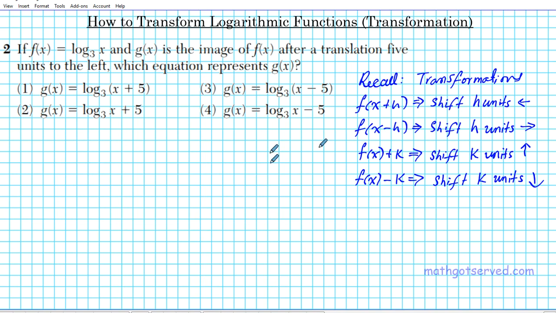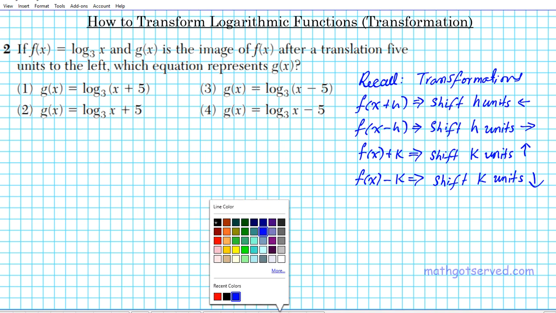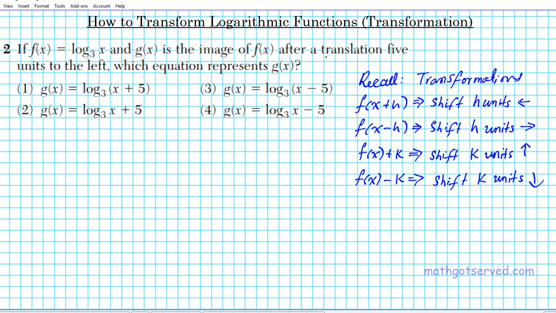Now, what do we have in this particular case? We have a translation 5 units to the left. Let's transform that into mathematical format. A translation 5 units to the left is going to have what impact on the function?